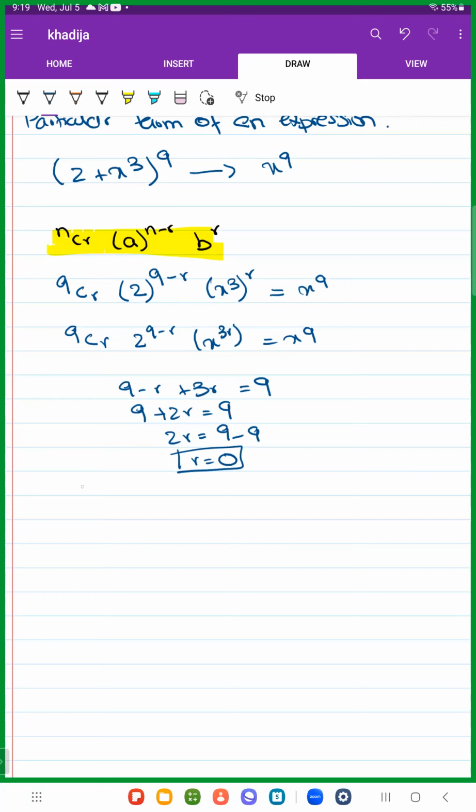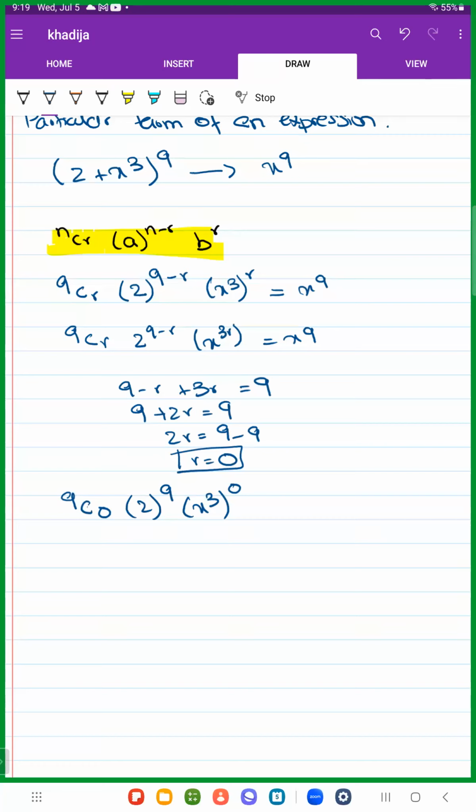So let's try that. Let's do nCr. So 9C0 into 2 to the power 9 and x cubed to the power 0. So 9C0 will be 1, and 2 to the power of 9 is 512.